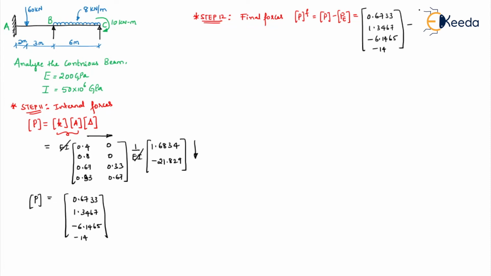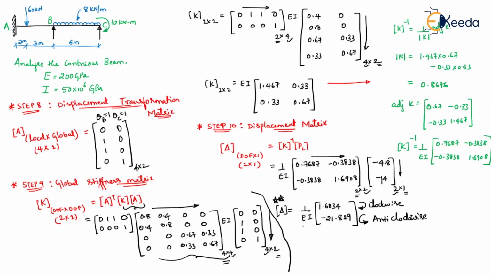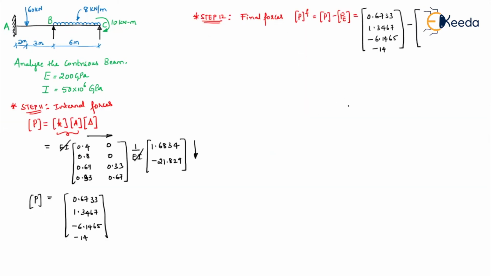Okay, so PE we have already calculated while calculating load matrix. So here this is your PE: 43.2, minus 28.8, 24 and minus 24. That's your PE. We'll write. So 43.2, minus 28.8, 24 and minus 24.